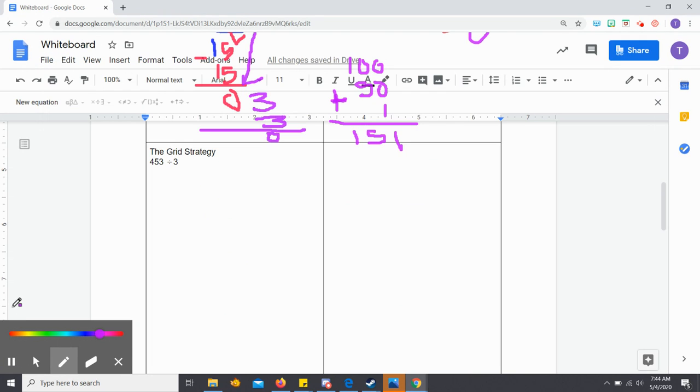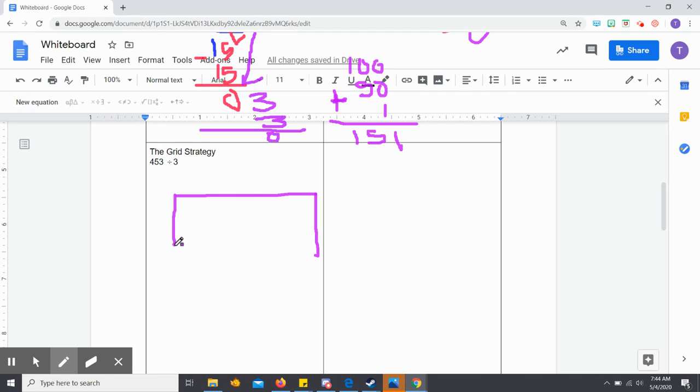Okay, so the last strategy that I want to show you today is called the grid method. And it looks a little similar to the box method at first, but there are some differences. So I'm still going to make a box, and because I am dividing something that is 3 digits, my box is going to be divided into 3 sections.